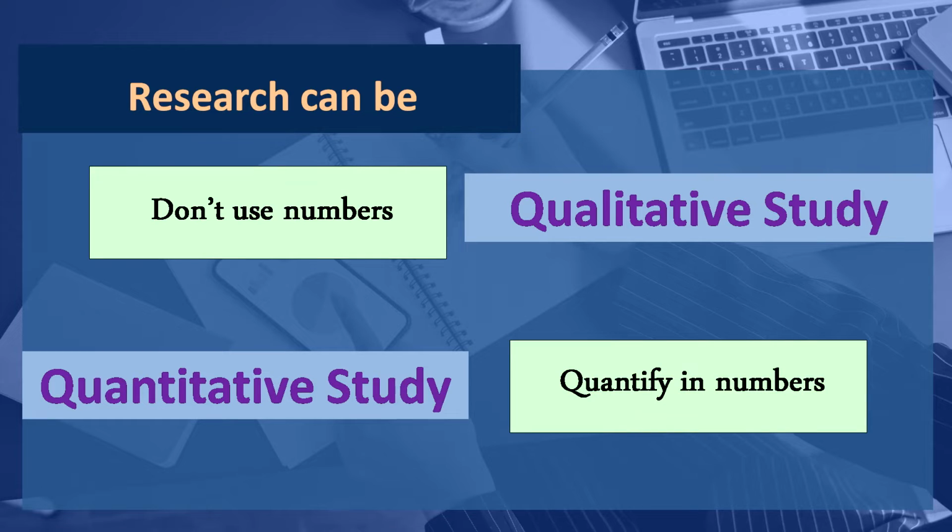On the other hand, we have quantitative studies. Here everything we measure, we measure in numbers. We quantify the behavior, the effects, the impact, everything. Quantification is based on percentages, frequencies, averages, standard deviation; you'll find many terms associated with quantitative studies.